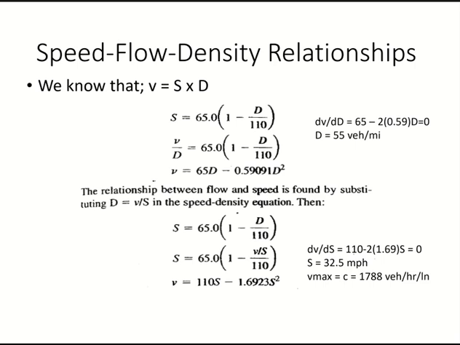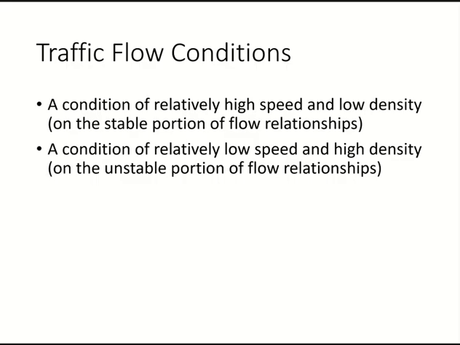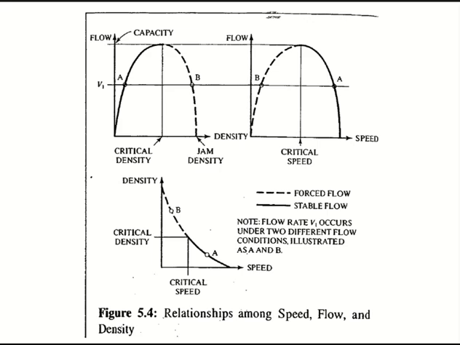remember this curve is for what? Rate of flow. And the maximum rate of flow is called what? Capacity. So when this equation reaches maximum, I get capacity. Now if I go here, this is the maximum point, right?